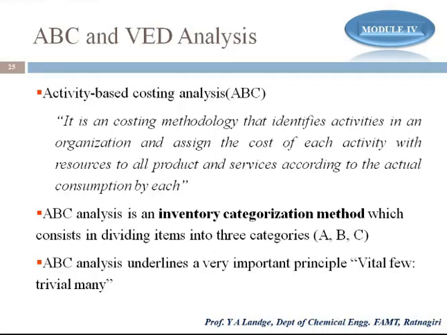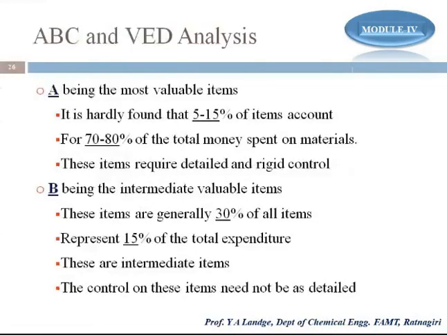So how do we categorize the valuable items? Category A is the most valuable items. We categorize here the items which are more valuable, having more costing.